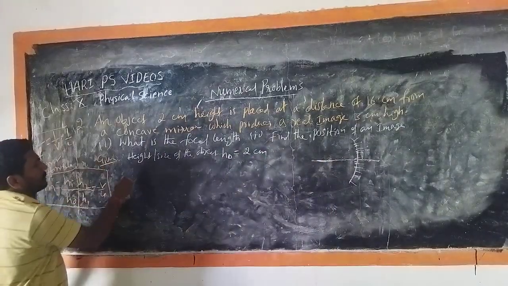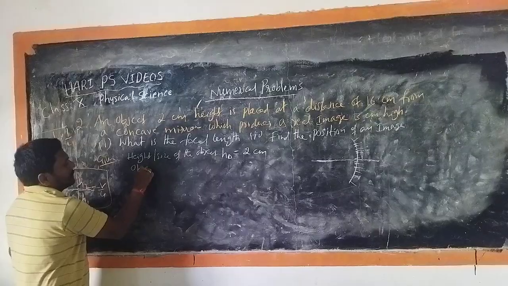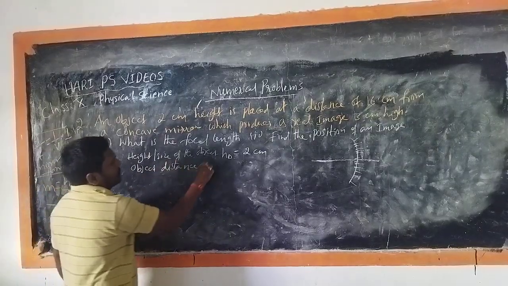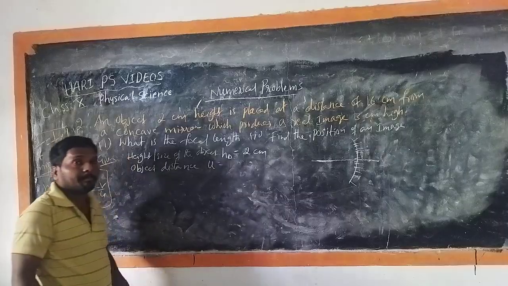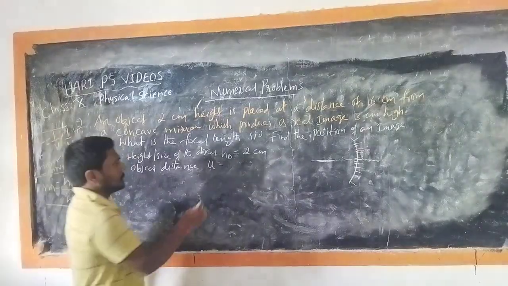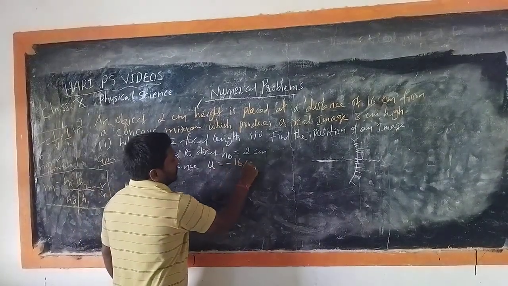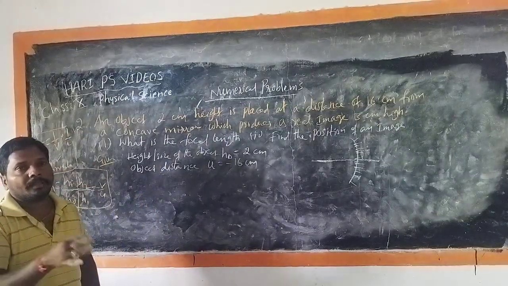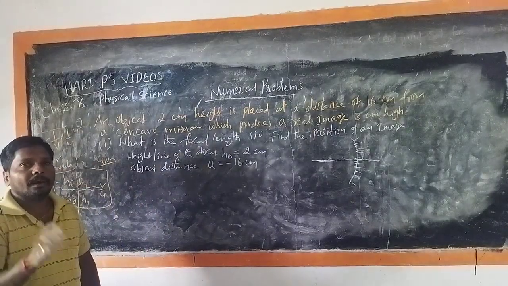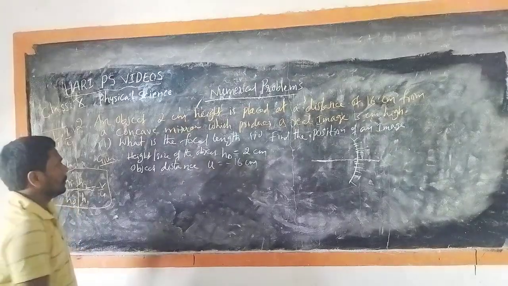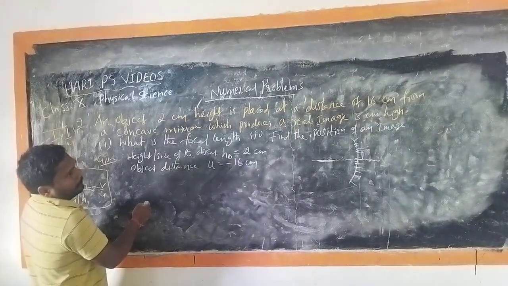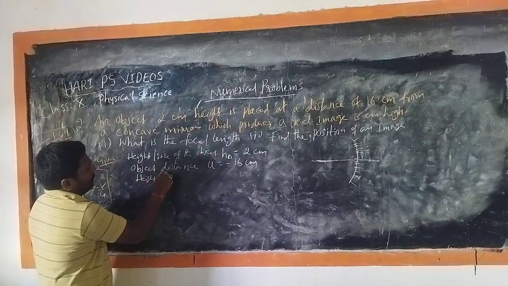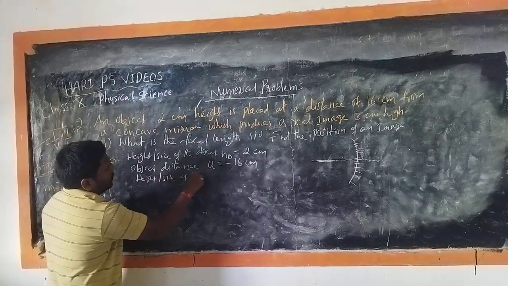Then what is the object distance? Object distance u equals what? Plus or minus? Minus. Always minus, 16 centimeters. Either for a concave mirror or a convex mirror, the object distance is minus. Then what is the height or size of the image?